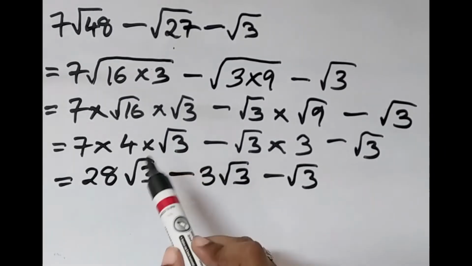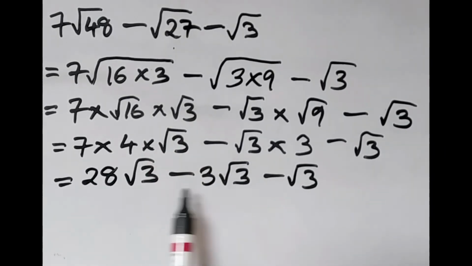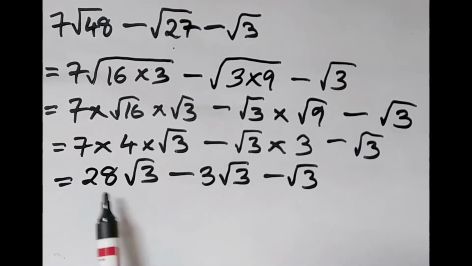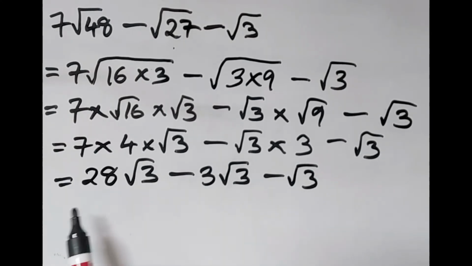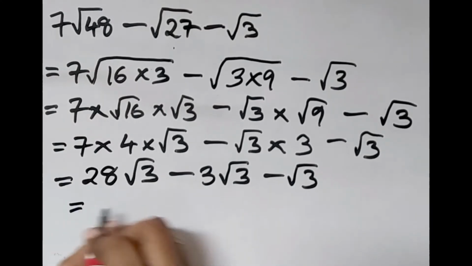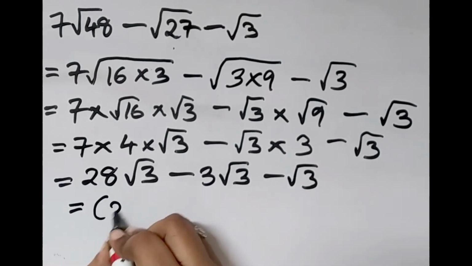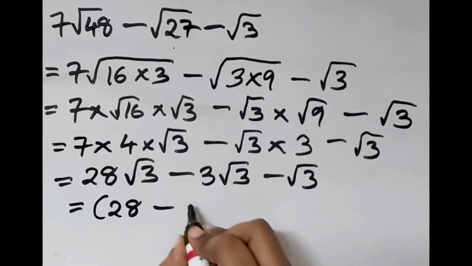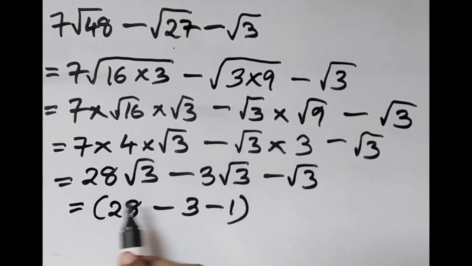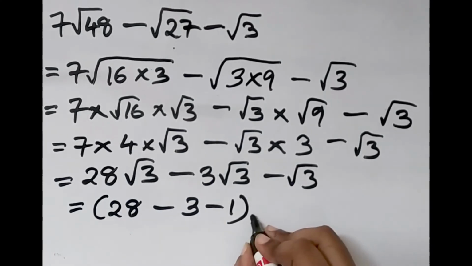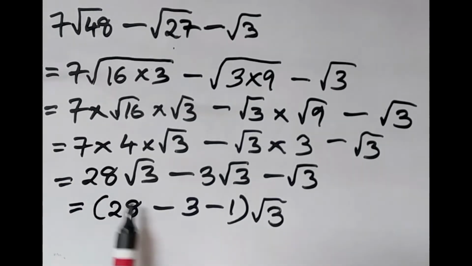Now after writing in simplest form, all these surds have become like surds. Now we can do the calculation. Because all are like surds, we can subtract. So we will take 28 minus 3 minus 1. Root 3 is common, so we will take root 3 outside the bracket, and inside the bracket we will write this.